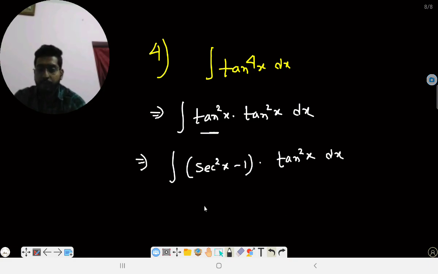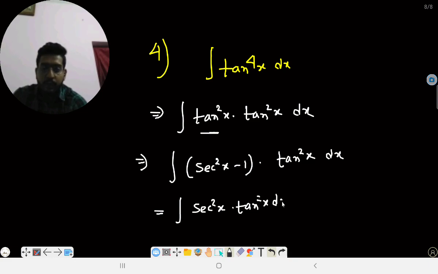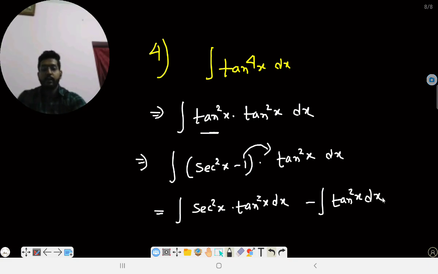Now multiply this. It will become sec square x into tan square x dx, minus 1 into tan square x, that is tan square x dx. Suppose this is equation 1.